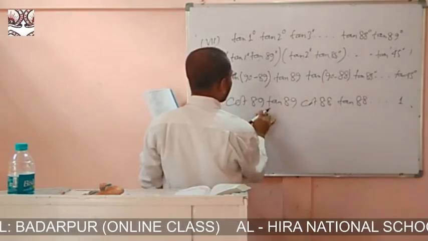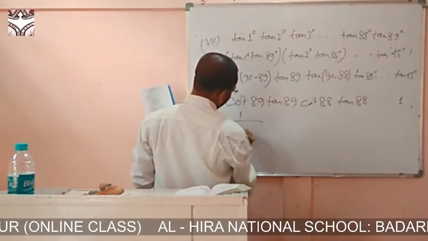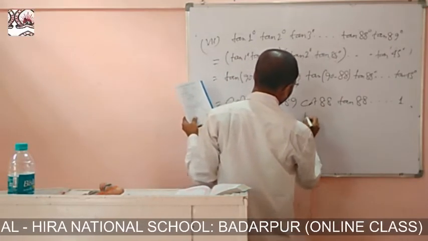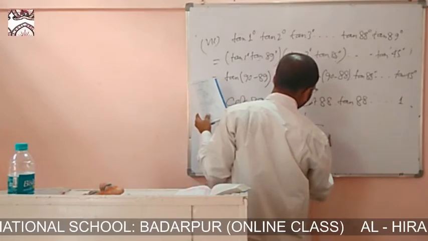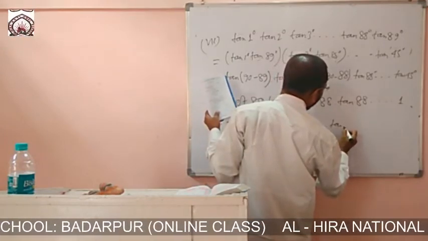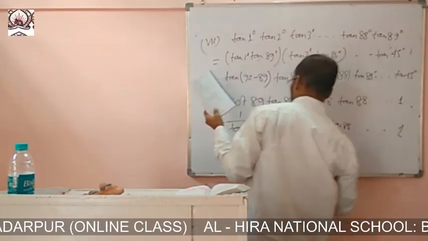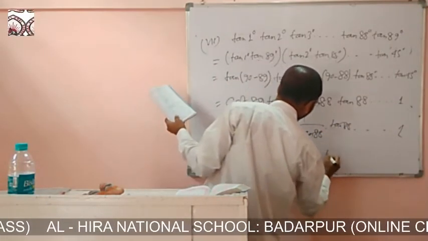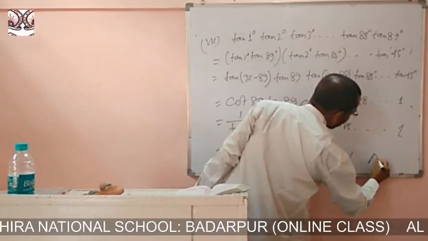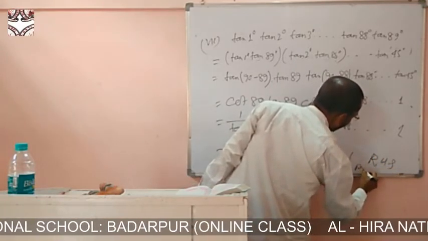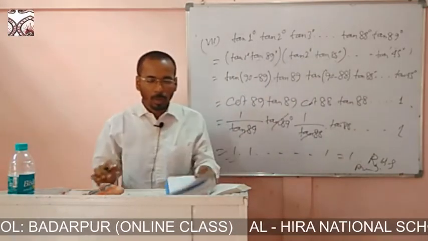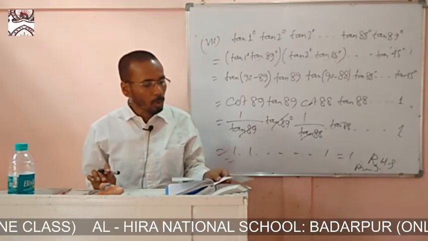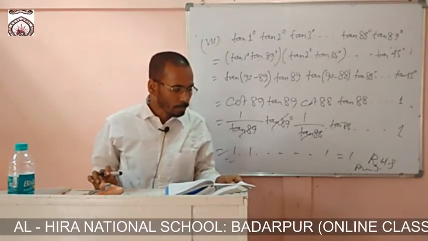So cot 89 is 1 upon tan 89 into tan 89, 1 upon tan 88 into tan 88, dot dot dot 1. So this is cancelled, so 1 into 1, this will be 1, RHS. So like this you practice all of this.